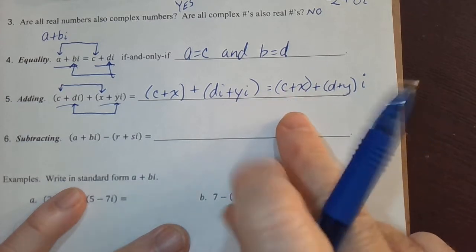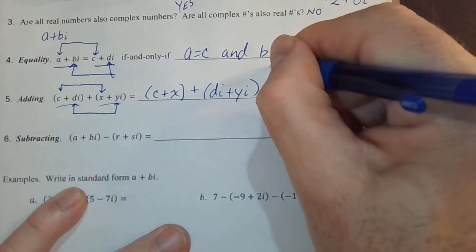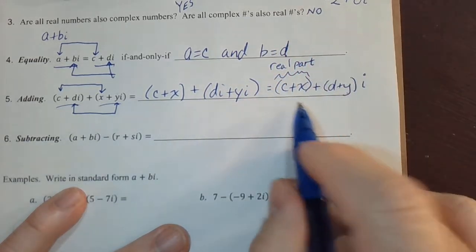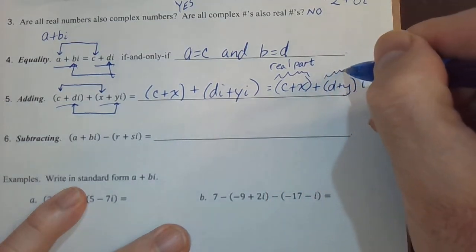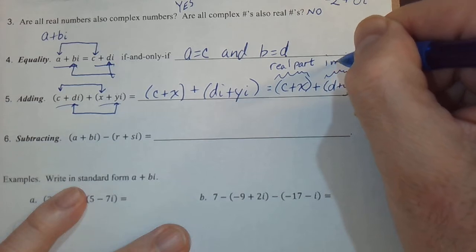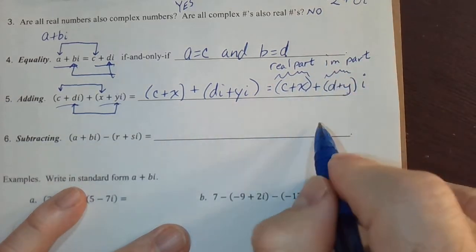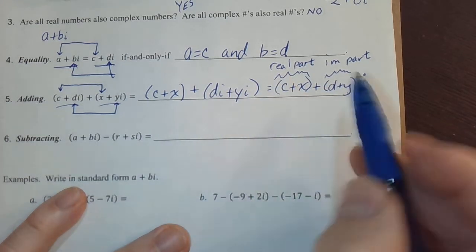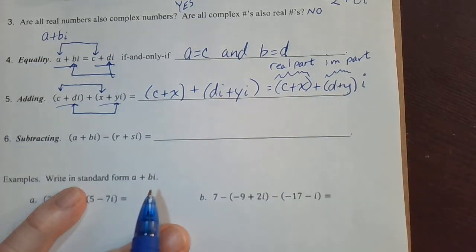The real part, the a in a plus bi, would be c plus x, and this would be the imaginary part. I'm just going to put IM for imaginary part. Whatever those two numbers added together is the real part. Whatever these two numbers added together gives us would be the imaginary part.